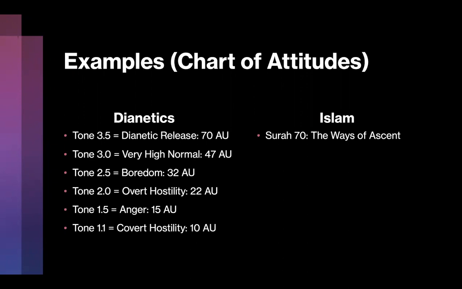Y'all with me? Yes, sir. Okay. So I was looking at that 70 attention units and a Dianetic release and high in the tone scale being part of the ways of ascent. Does that make sense? Yes.